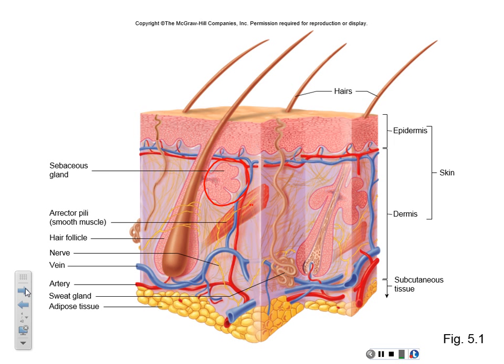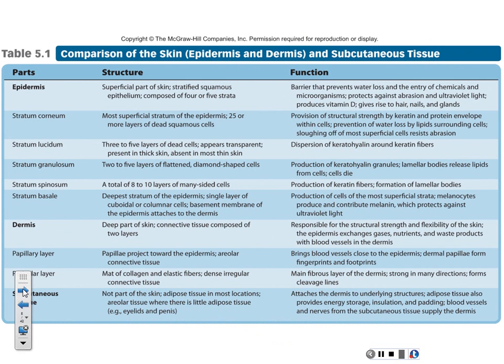Fingerprints are very unique to each individual, and we end up using them for identification purposes, but the major function is to give traction on your hands so that they're not smooth and everything slides.